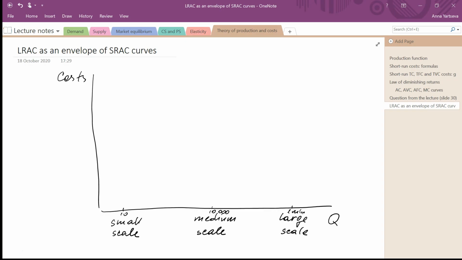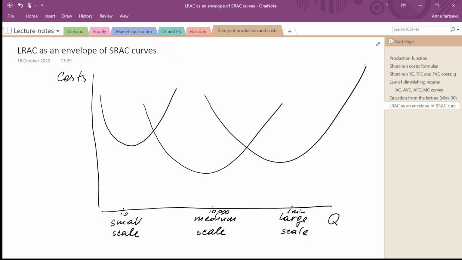And for each of these situations, we will be dealing with a certain cost structure. In other words, if we decide to produce on a small scale, producing around 10 units of output, a little bit more or a little bit less, we will be operating with this specific cost curve, short-run average cost curve, this one.